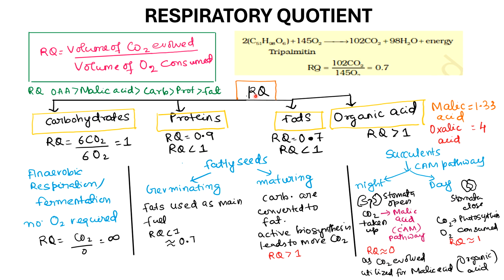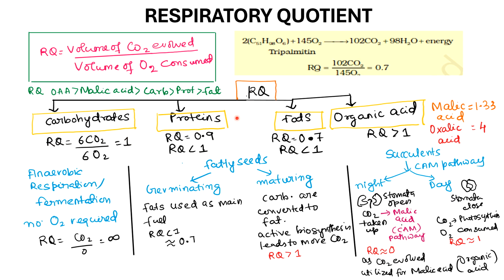So, depending upon the type of respiratory substrate, we can have different RQ values. Now, if you see carbohydrate, for 6 molecules of carbon dioxide produced, 6 molecules of oxygen are used. So, RQ becomes 1 here.